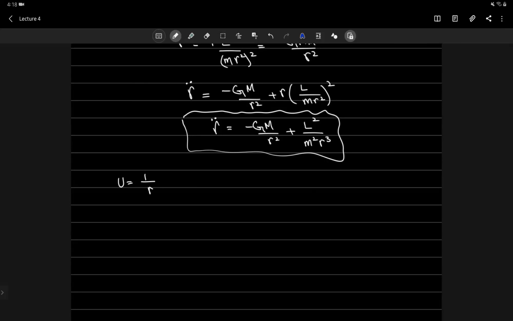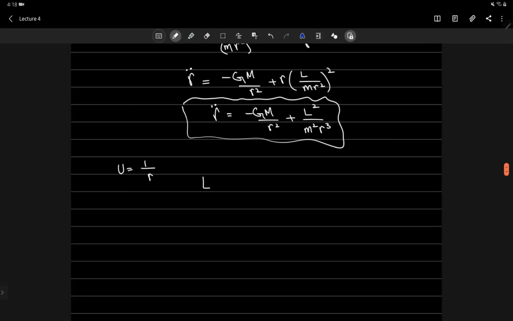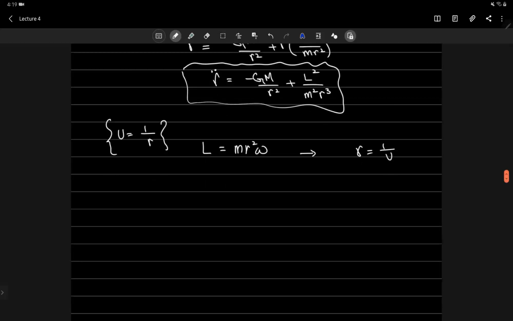Okay, so, well, first of all, we know that angular momentum is, as I wrote above, m r squared omega. And in this now, I'll just use this substitution, क्योंकि अगर मैं u को ऐसे define करूँ, तो I can write r is equal to 1 over u. And then, well, all I have to do is put it in this equation. So I would have L is equal to m over u squared times omega.